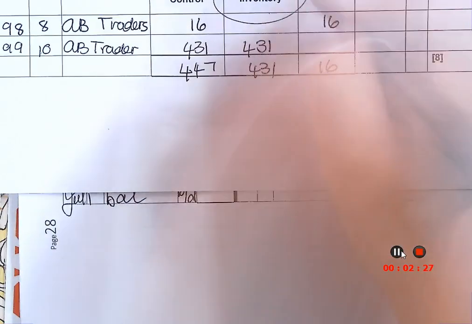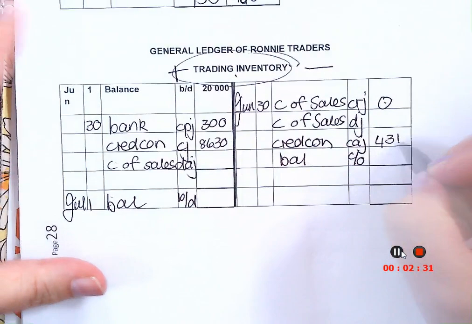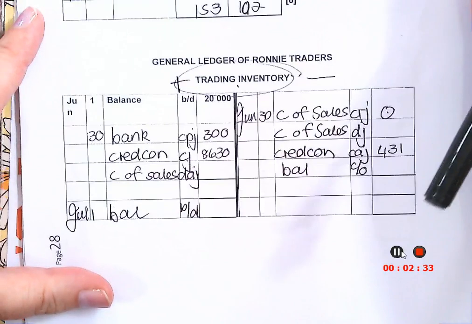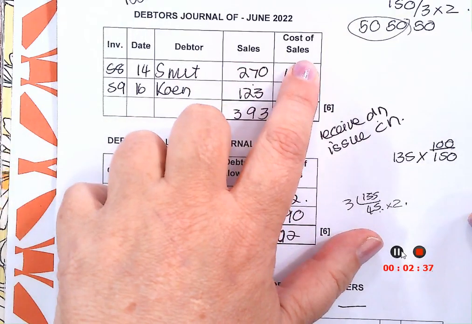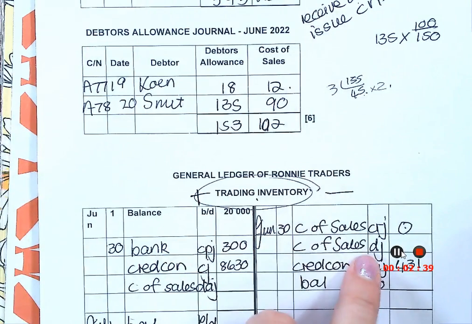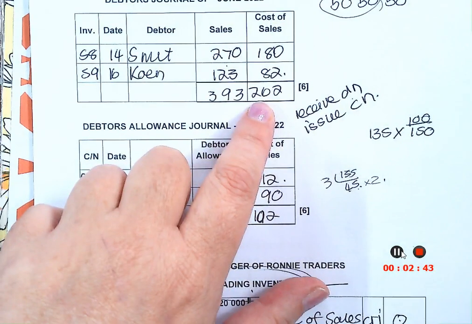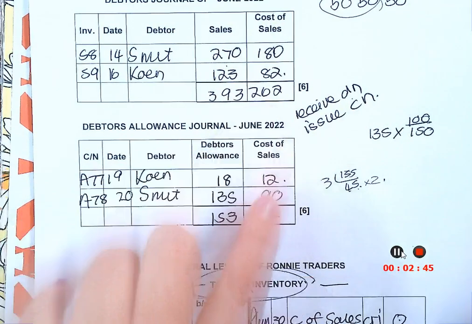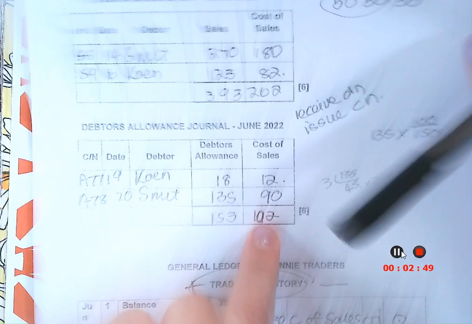CAJ, I look at trading stock and it's 431. DJ, I look at trading stock. There's no trading stock. But I see there's a cost of sales. So I take the cost of sales. DAJ, there's no trading stock, but there's a cost of sales.